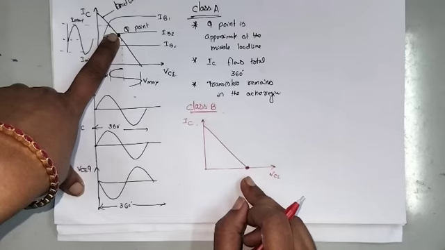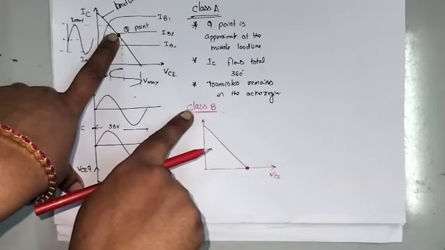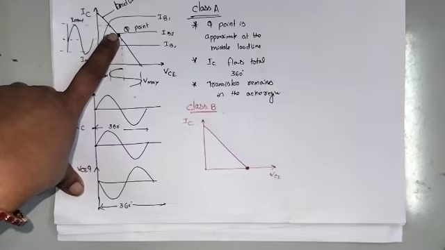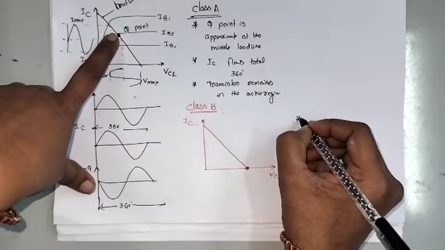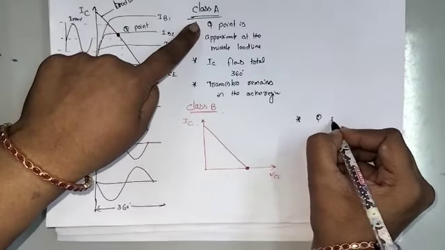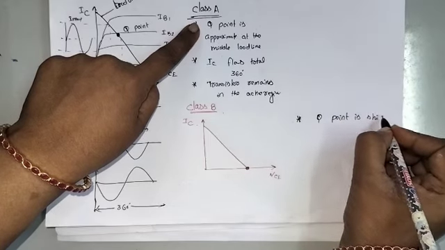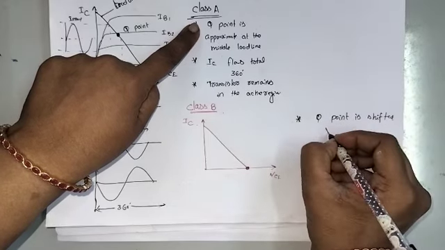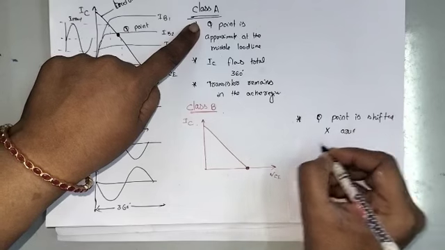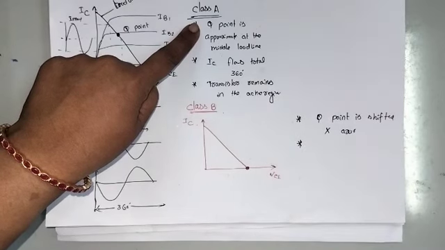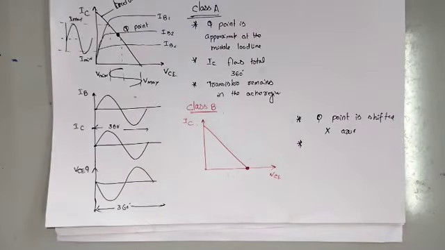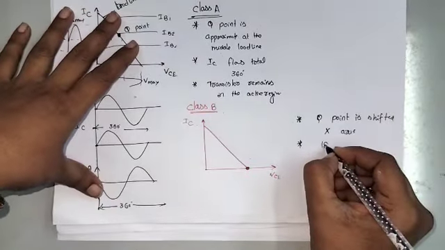Because the Q point is shifted to the x-axis, the IC current flows only 180 degrees.